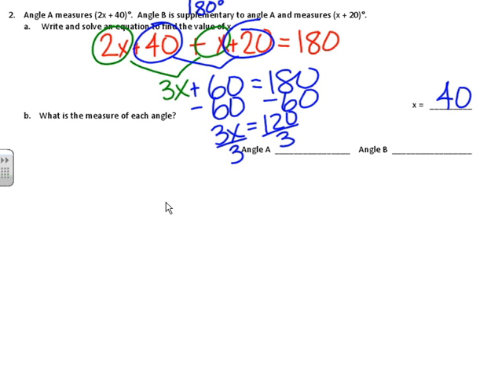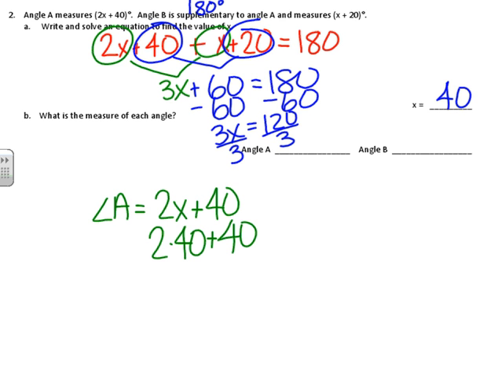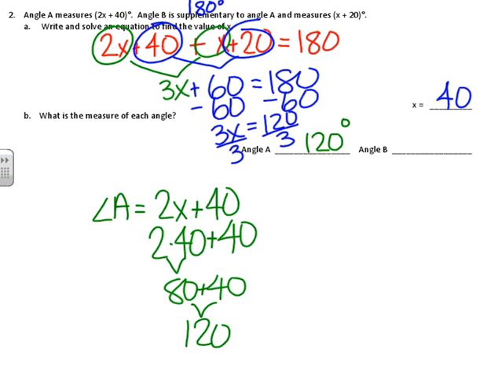All right, angle A is 2x plus 40. Since x is 40, we're going to do 2 times 40 plus 40. So that would be 80 plus 40, which would be 120. So angle A is 120 degrees. Angle B is x plus 20.